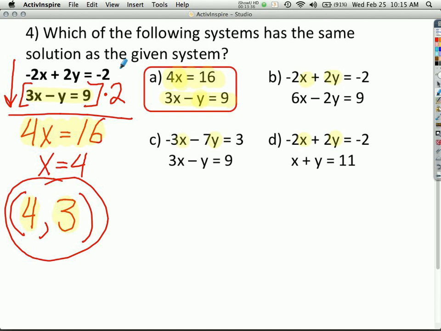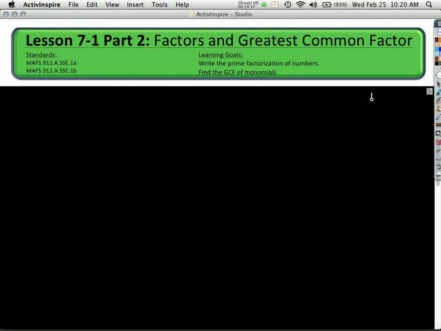Questions? Any comments? Okay, so today we're going to take the skills that we worked on last time, and we're going to actually use it for another idea. We have a major overall goal by the end of today, and that is to be able to find the greatest common factor of algebraic expressions.